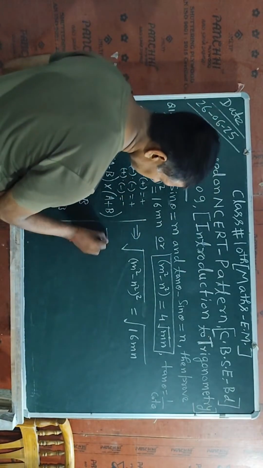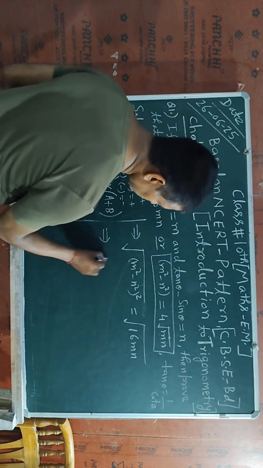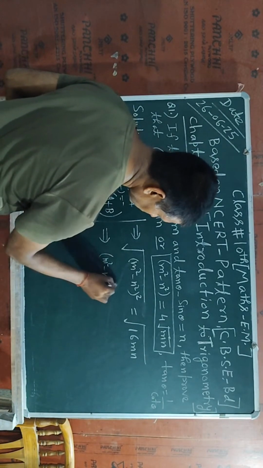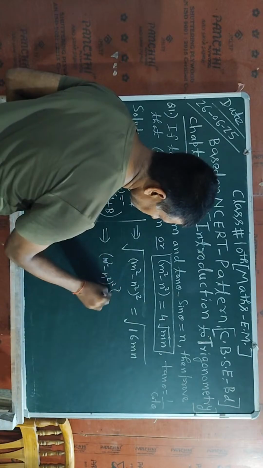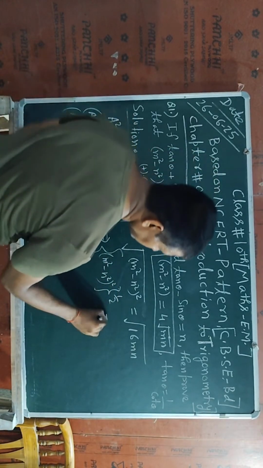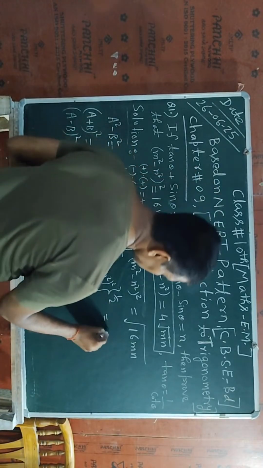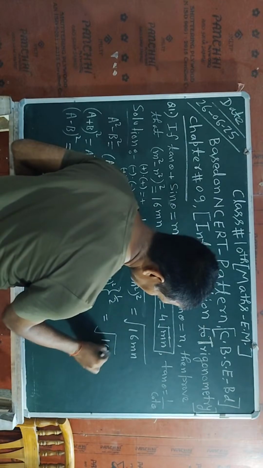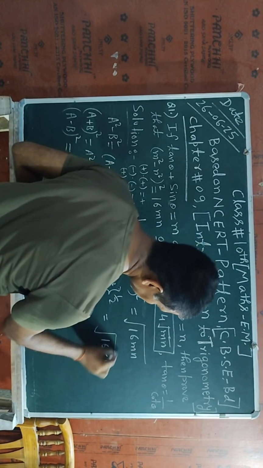So in the right hand side, here I will put (m² − n²)² and into 1 divided by 2, and here in the place of 16m I can write 16 into m.